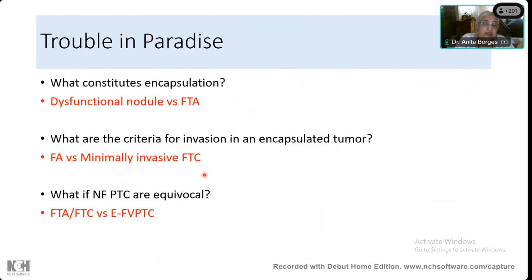Maybe they're clear, but they are not grooved, they're not large, they're not overlapping. So, is this a follicular adenoma or a follicular thyroid carcinoma if it is invading its capsule? How do you tell that from an encapsulated follicular variant of papillary thyroid carcinoma?